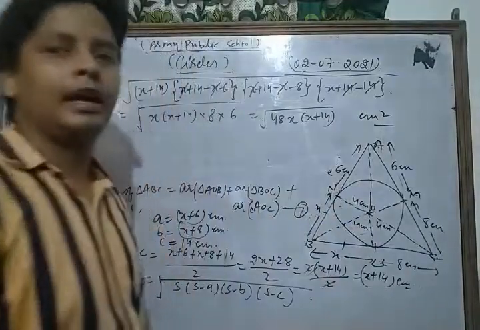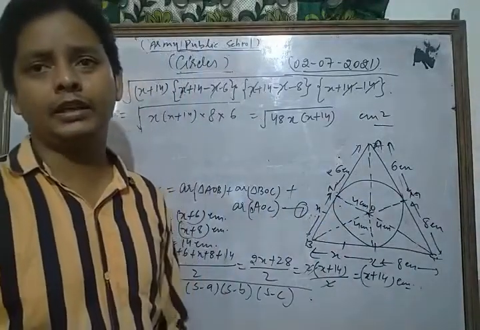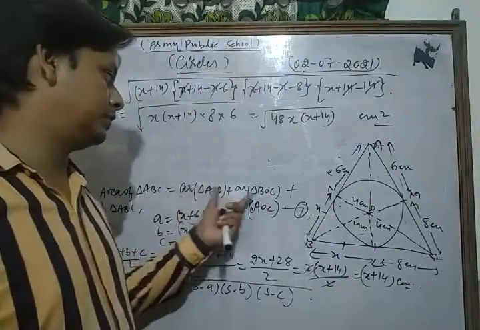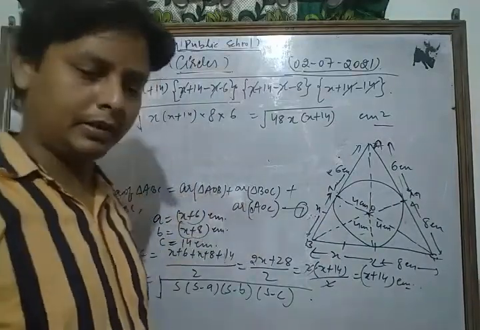This is the area of triangle ABC. Now we find the areas of triangles AOB, BOC and AOC respectively.